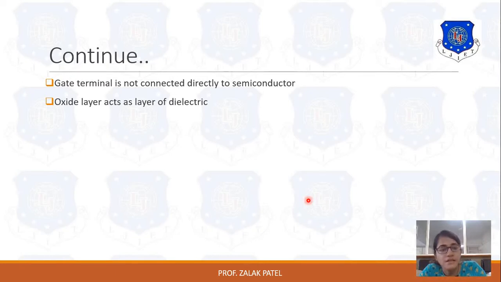That is how the SiO2 layer affects the junction capacitance. The input capacitance depends on this layer of SiO2, where C equals A epsilon upon D. According to this equation, if the dielectric of the material changes, then the capacitance also changes.